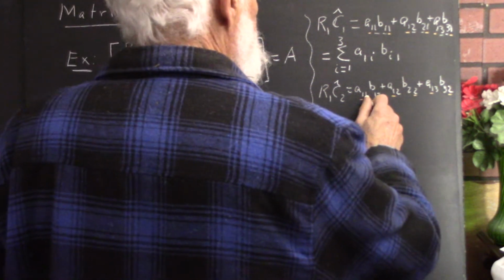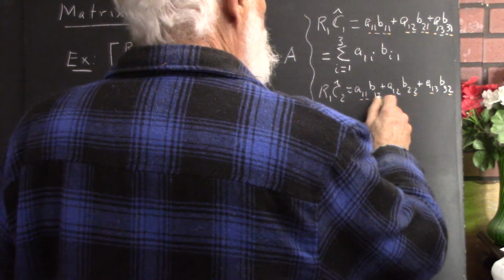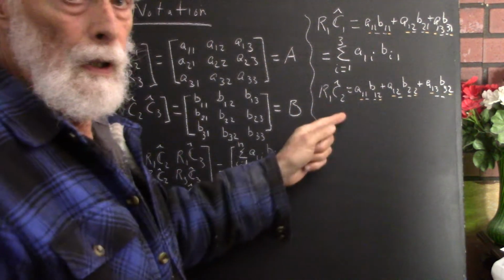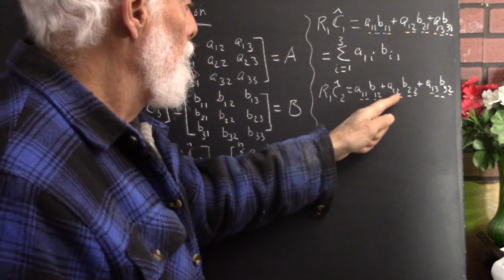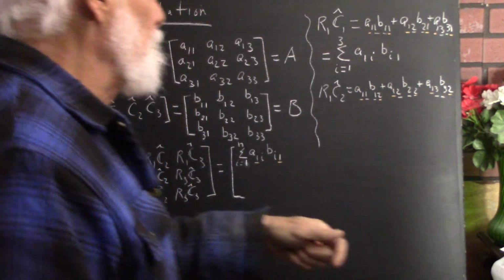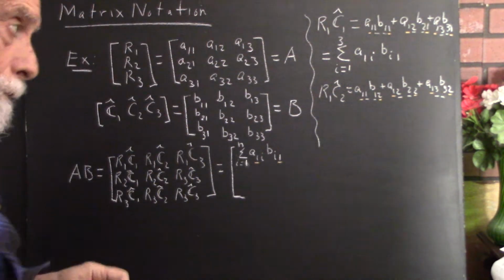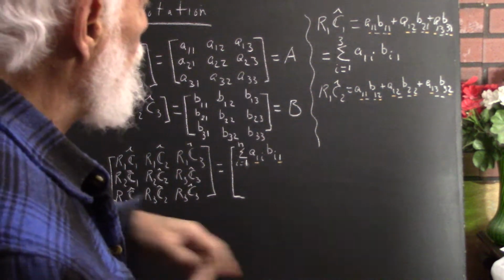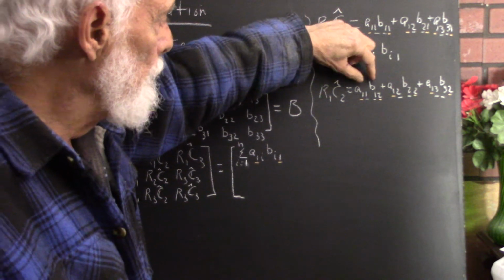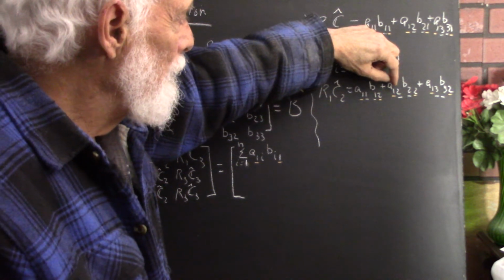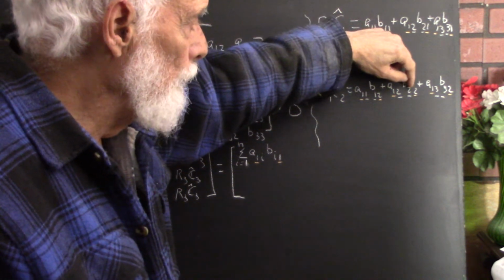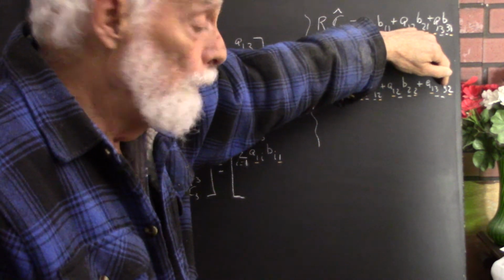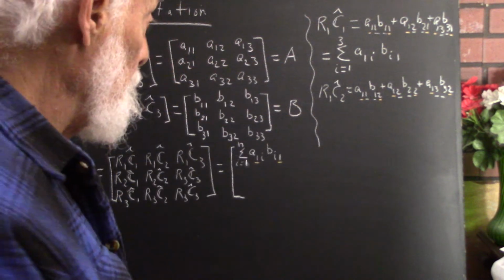The other subscript, well, it's going to go 1, 2, 3, 1, 2, 3, just as before. And the reason for that should be pretty clear, that we're matching up the first number in A with the first number in B, the second number in A with the second number in B, the third number in the A row with the third number in the B column.